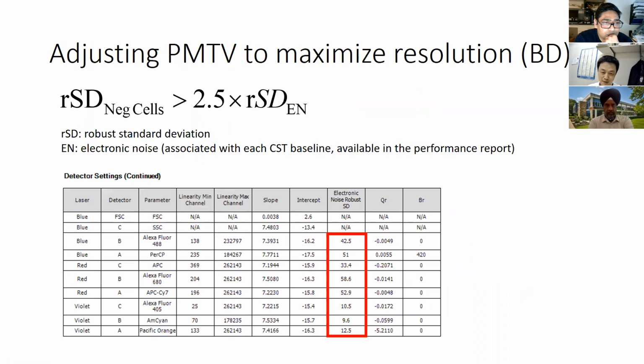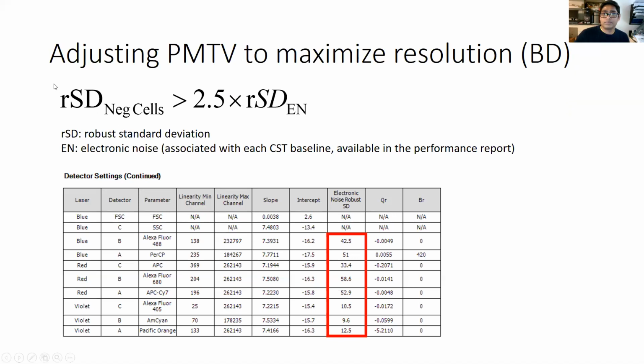So the next step is you load your tubes and adjust the PMT voltage to put your population in the range. It's recommended by BD where the best PMT voltage should be. So here is the formula you want to follow.